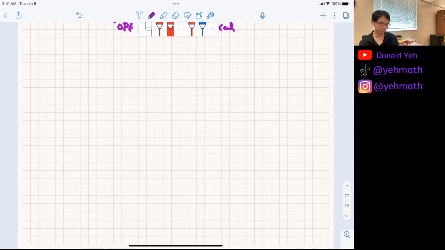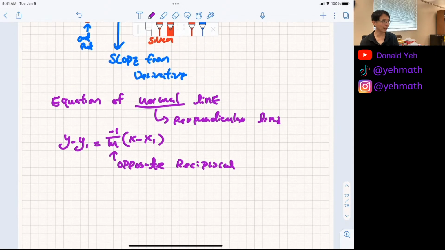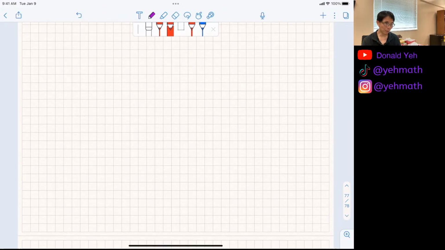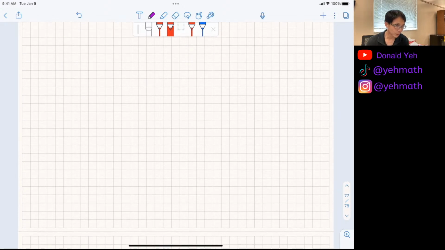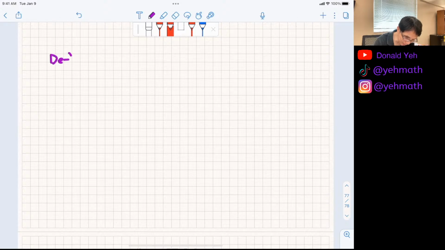Okay. So for today's homework, I might ask you for the equation of the normal line. So you have to be able to do that. Now, with that being said, yesterday we mainly used this definition of derivative.